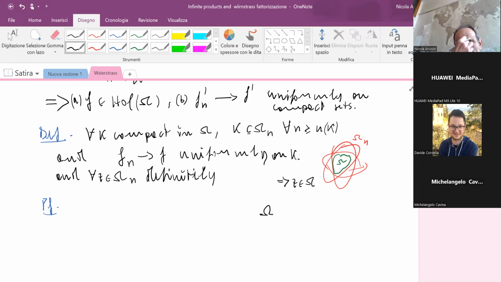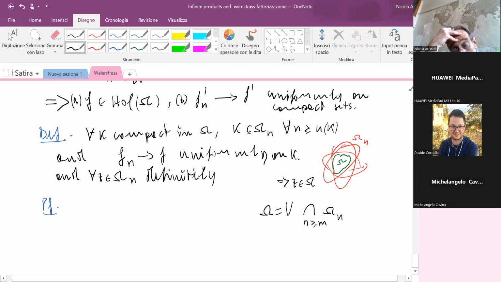You take the intersection for n greater or equal than m of omega n, and you take the union over m.